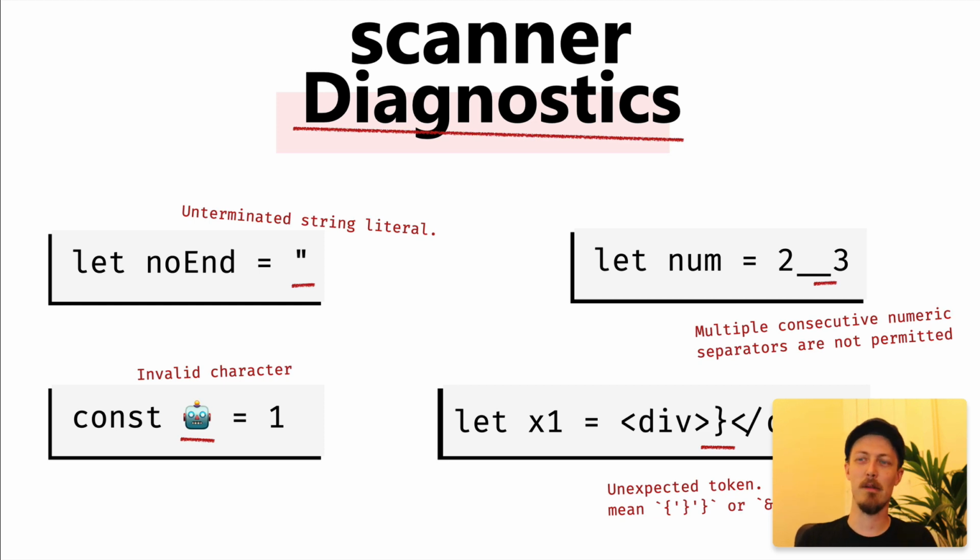So, if there's no ending quote in a JavaScript file, then the JavaScript engine doesn't know when to finish evaluating, so it will just halt. And the same as you'll get a runtime error instantly if you do 2 underscores in a numeric literal. So the scanner sees these things and is like, okay, we're just going to raise an error straight away.